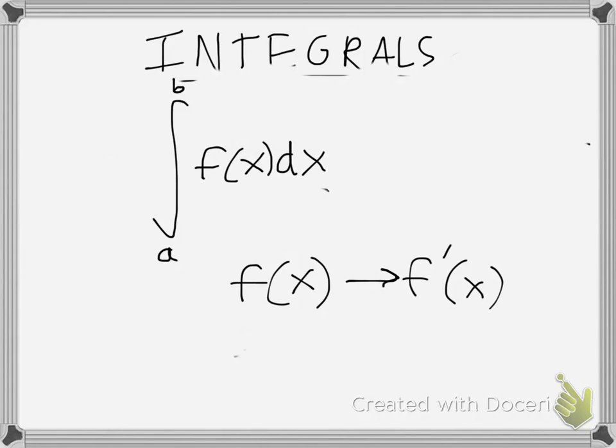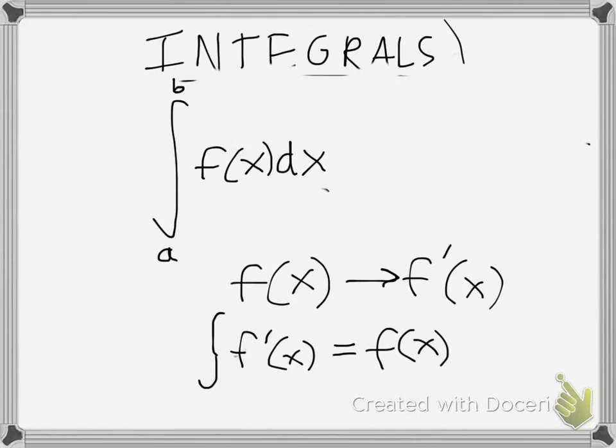So what this means is that the indefinite integral, so we're going to take the indefinite integral of f prime of x. Indefinite means there's no boundaries from a to b. So what it says is that the integral of f prime of x equals f of x.